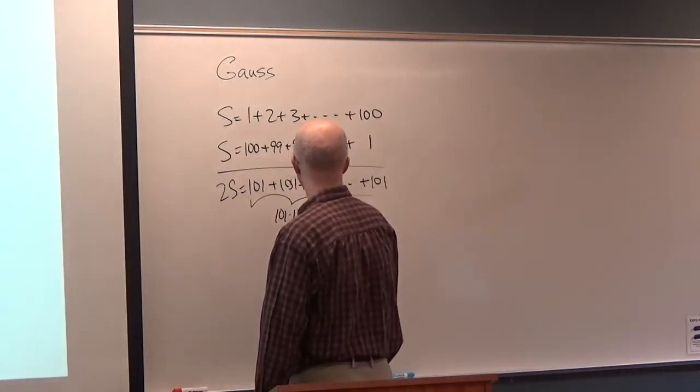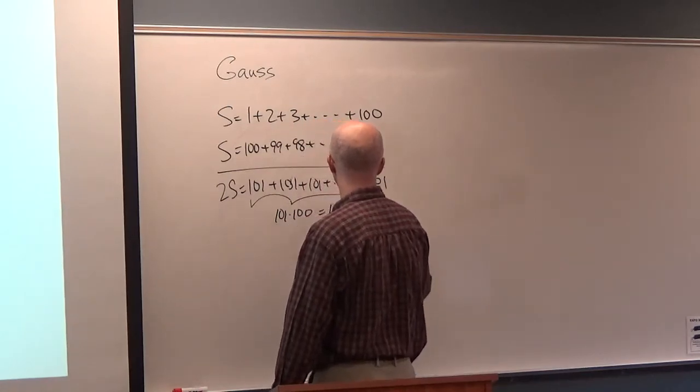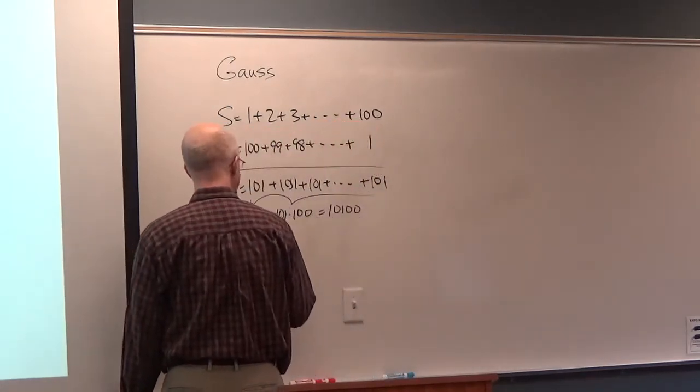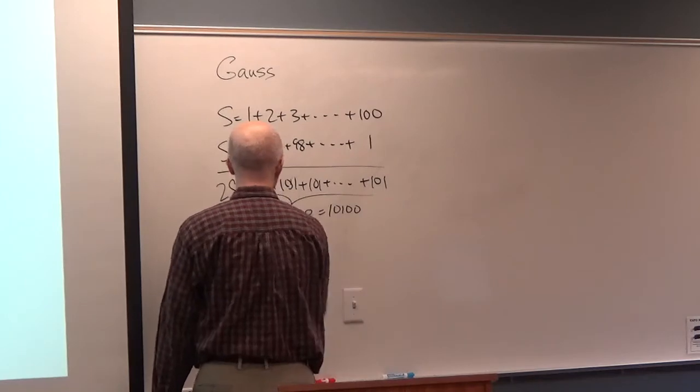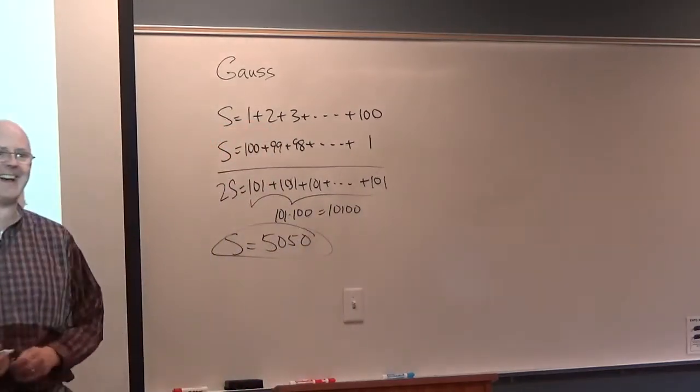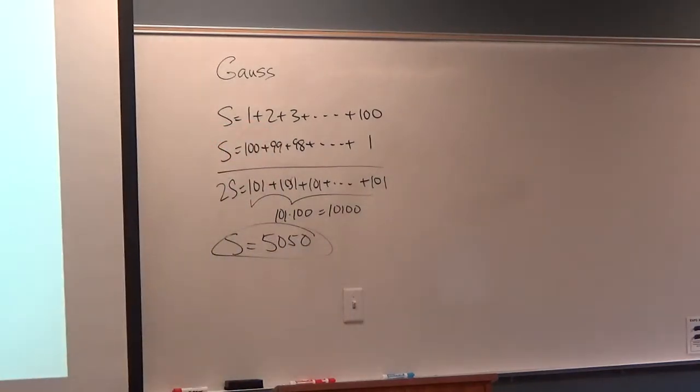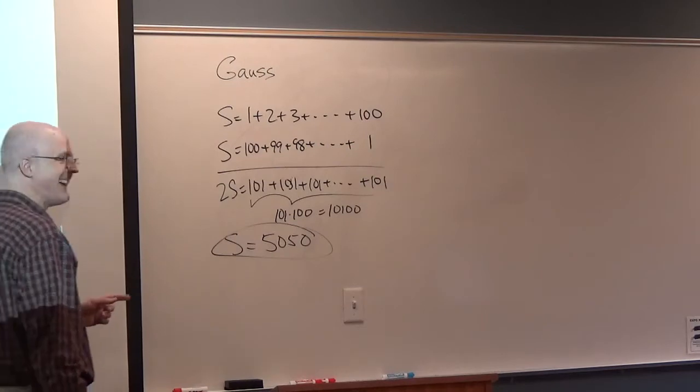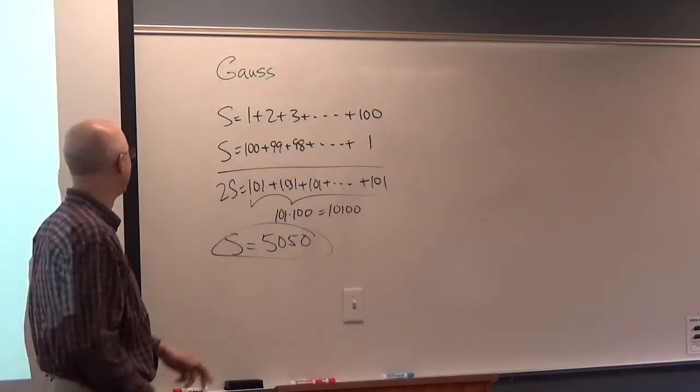This is 101 times 100 is 10,100. Divide both sides by 2, S is 5,050. Done. So again, the story is that Gauss did this in his head in 1 second. All right? Pretty cool thing.